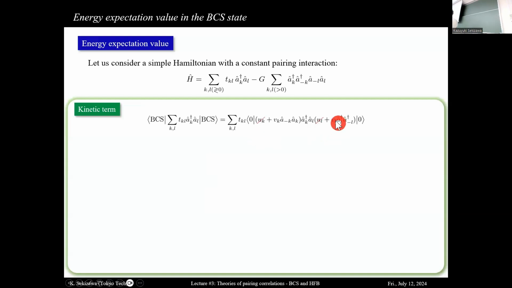Again, these u terms vanish, and you can consider moving this a dagger to the BCS state and you get this result. For instance, this a dagger provides 1, and that a dagger provides 1, and the rest is a minus k a.